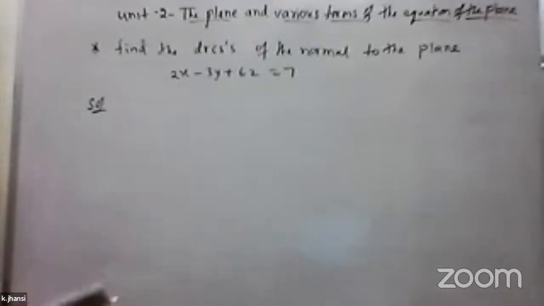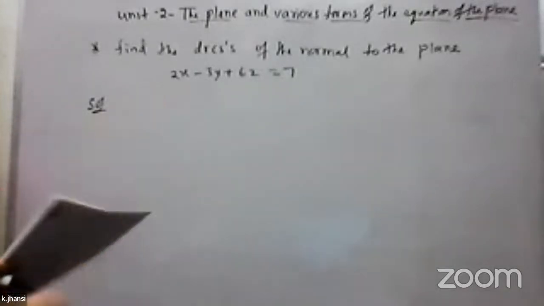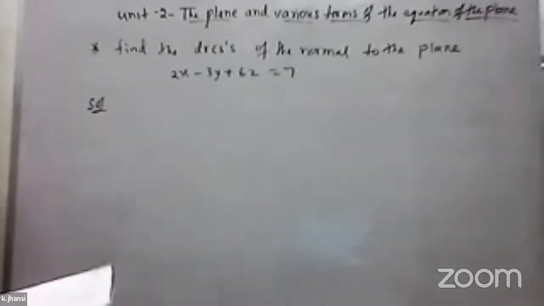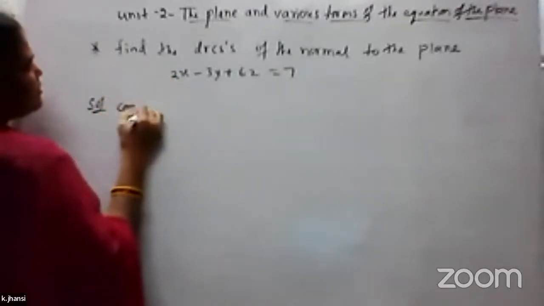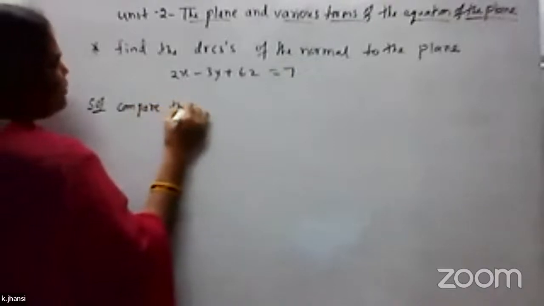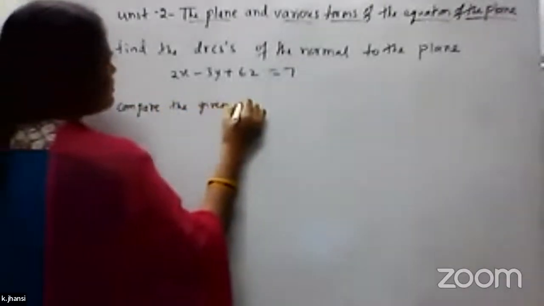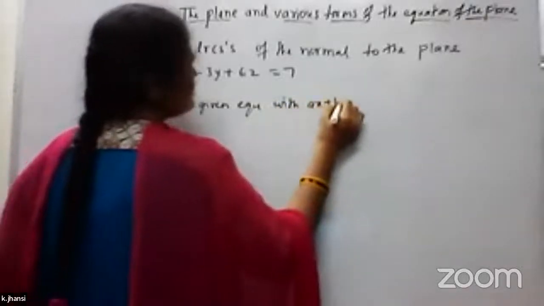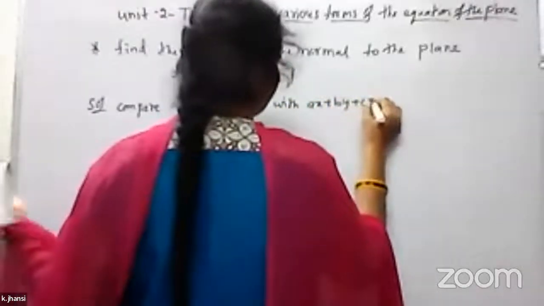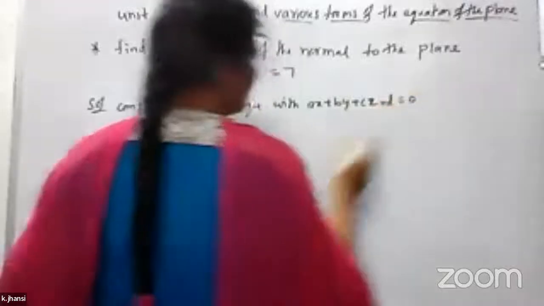This is in the form of ax plus by plus cz. So compare the given equation with ax plus by plus cz plus d equals 0.